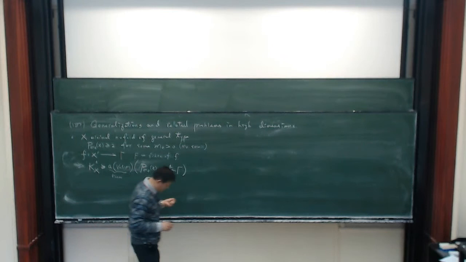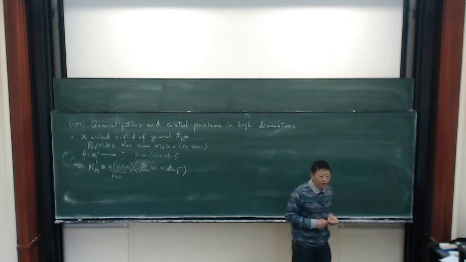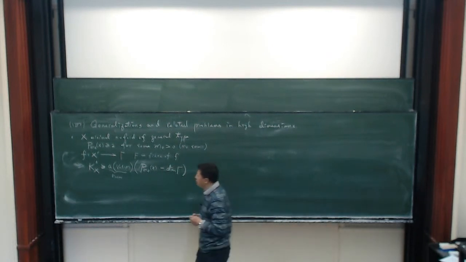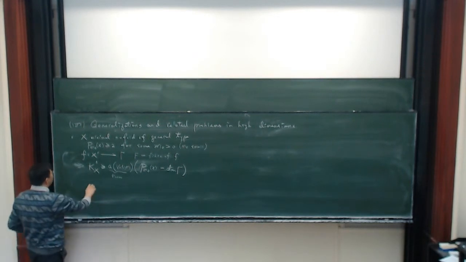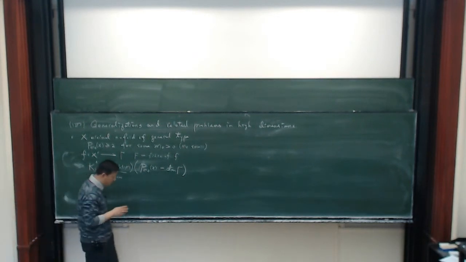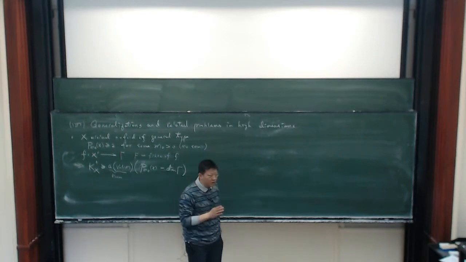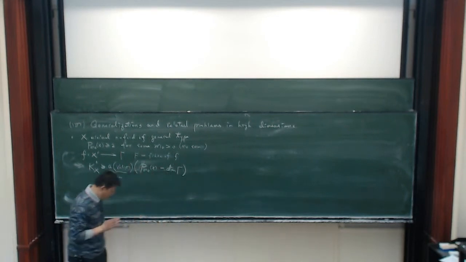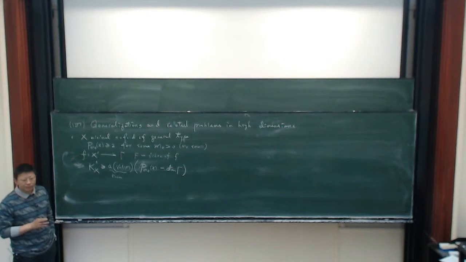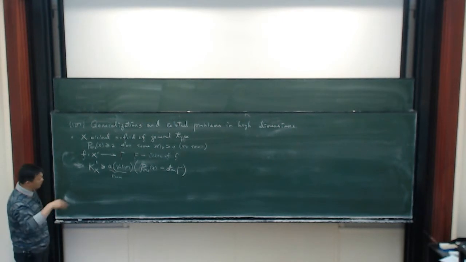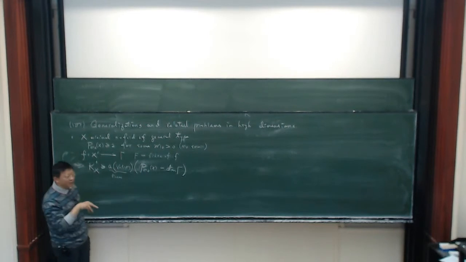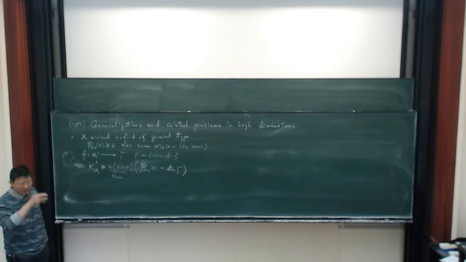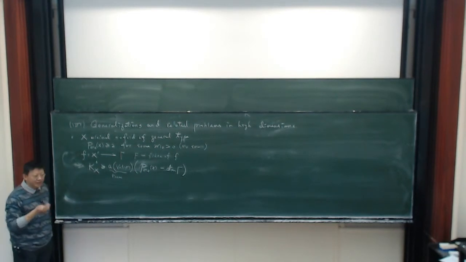But for example, if we consider a fourfold, first the general member of the moving part is a threefold, and then on the threefold we try to find another moving linear system, and we take a general member in this moving linear system. Then we take another linear system.